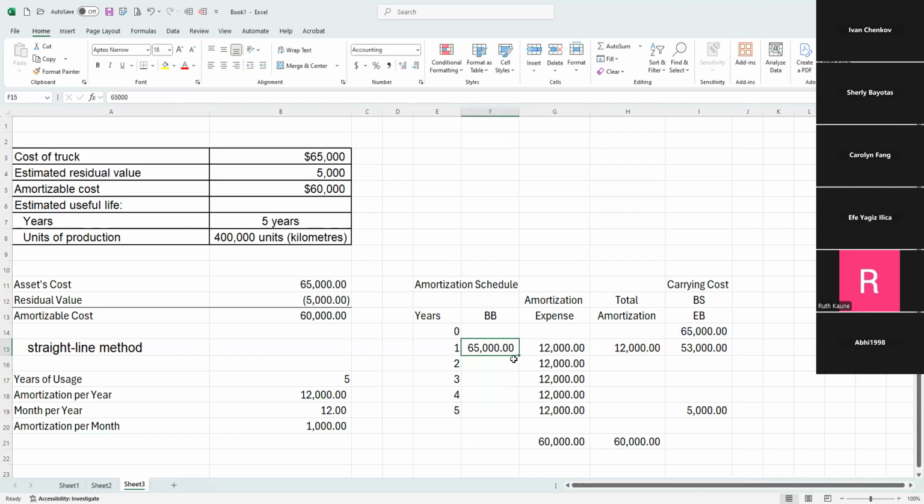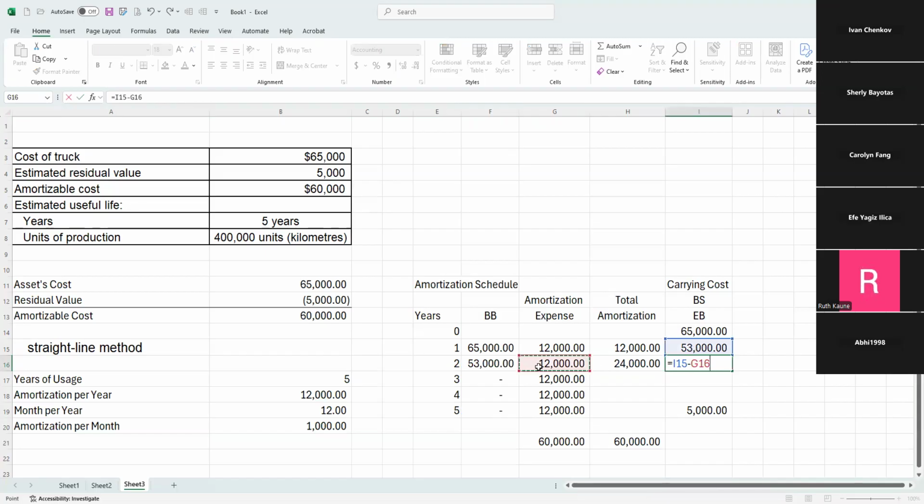Next year, beginning balance is now going to be this amount. And next year, keep going. My total amortization will be first year plus the second year. My carrying balance will be previous year minus the current year amortization.